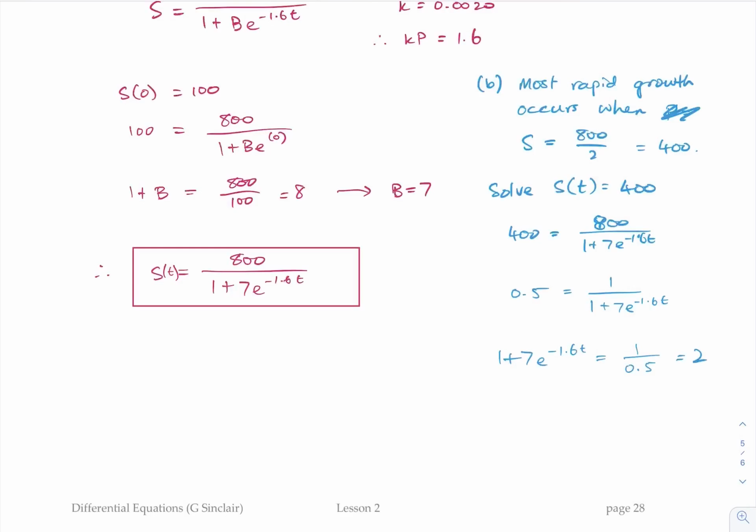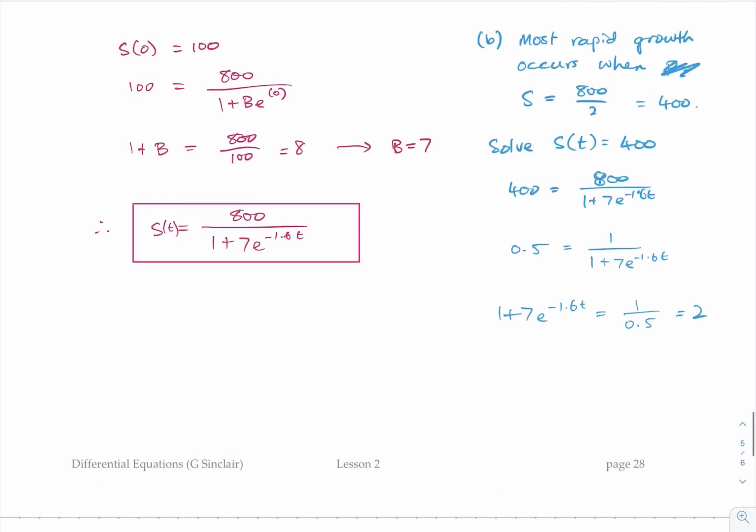Okay, can I just point out how obvious this is, that we're solving for S equals 800 over 2, so this means that the denominator needs to be 2, which I just took a few steps to find out. If I was doing it myself, I would use that kind of, if you like, advanced common sense, but I'm not doing it for myself, I'm doing it for you.